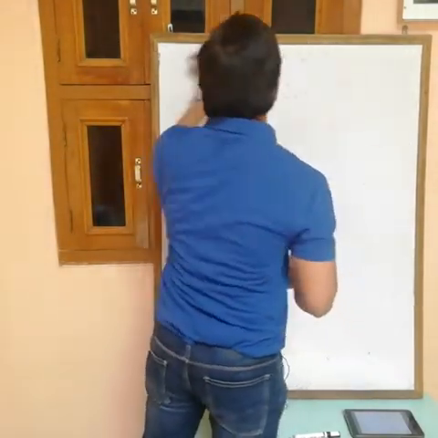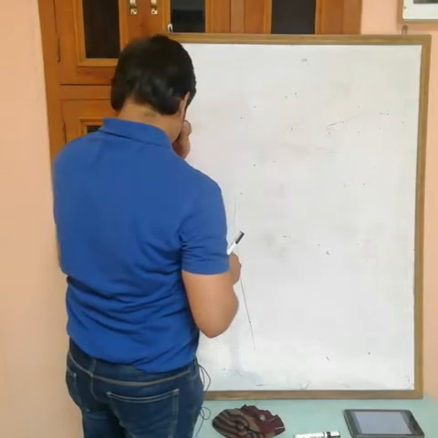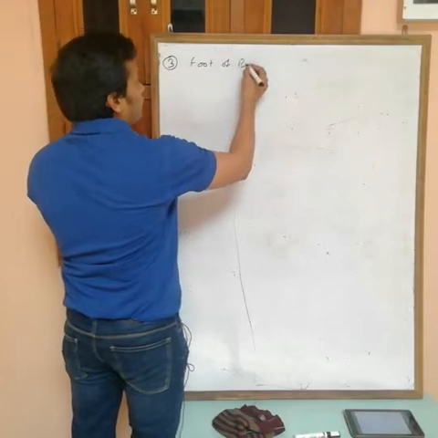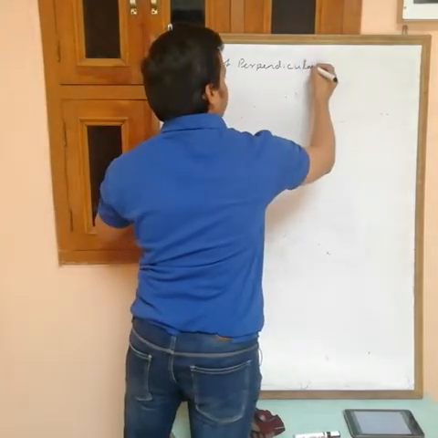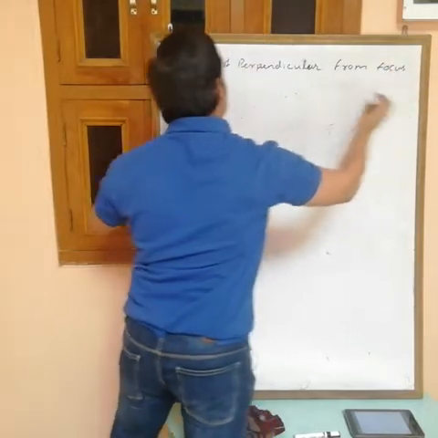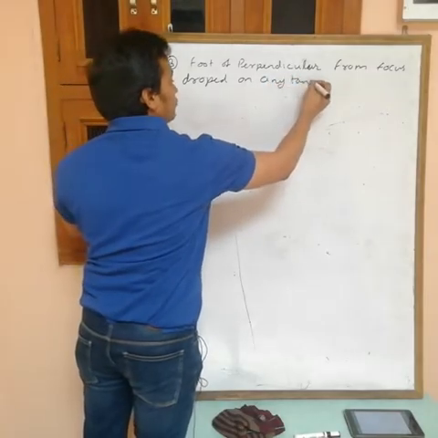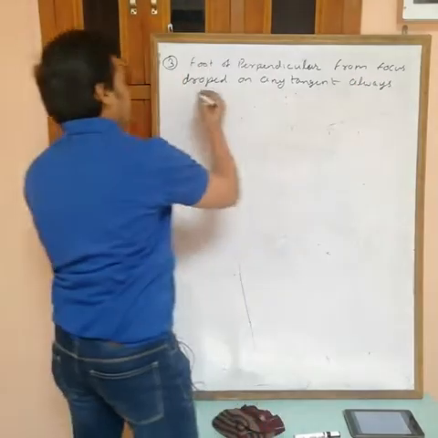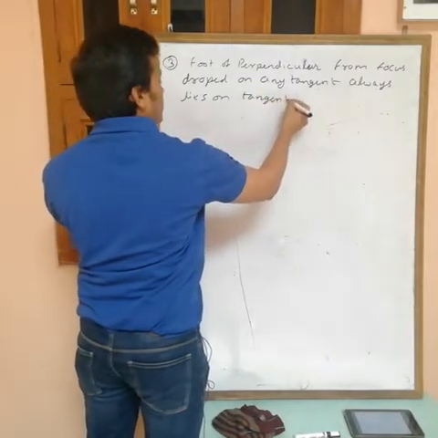Property number 3rd. Third property is foot of perpendicular from focus probed on any tangent always lies on tangent at vertex.